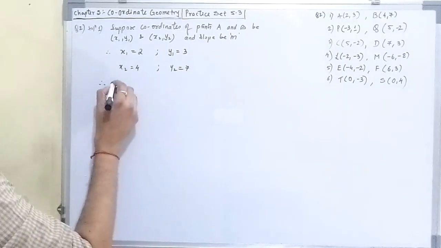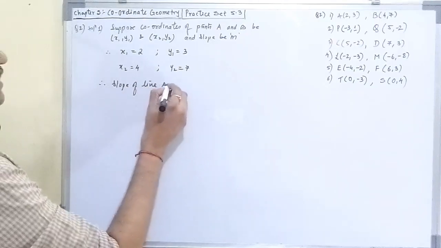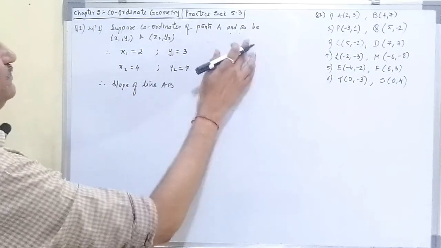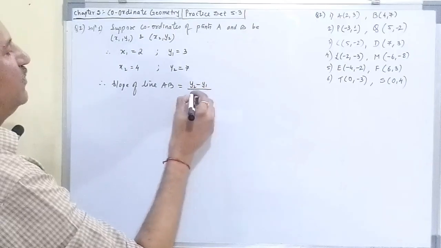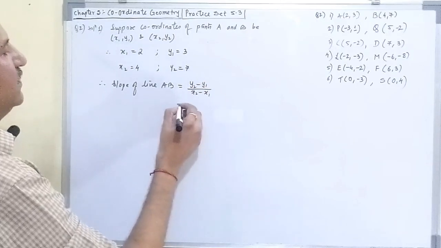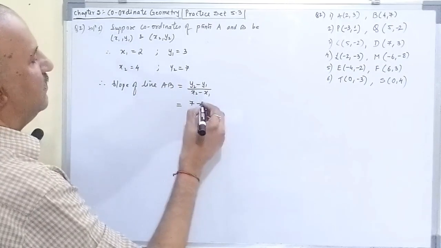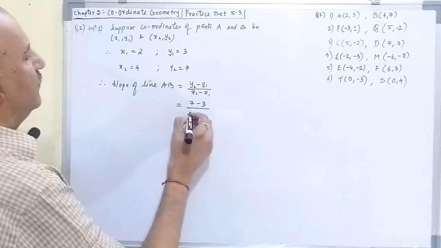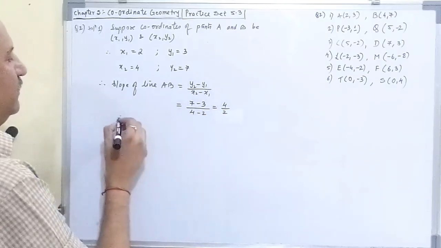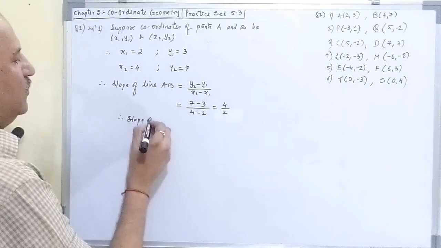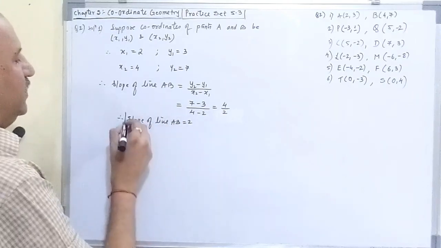Therefore, slope of line AB, even if you don't write this it's fine, equals y2 minus y1 upon x2 minus x1. How much is this? y2 is 7 minus 3 upon 4 minus 2. That is 4 upon 2. Therefore, slope of line AB is 2. This is your answer.